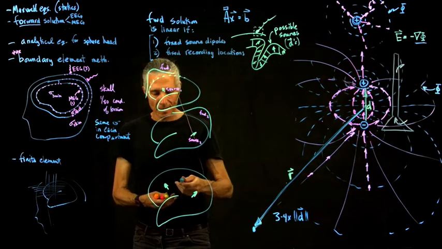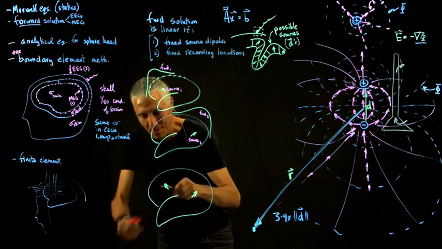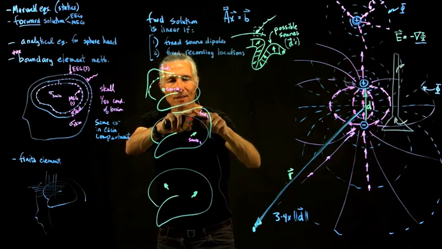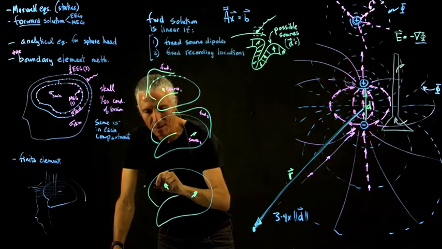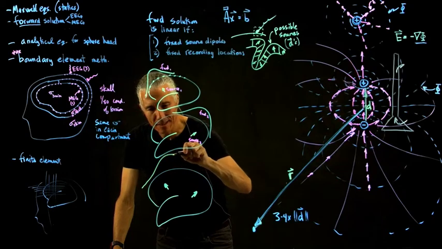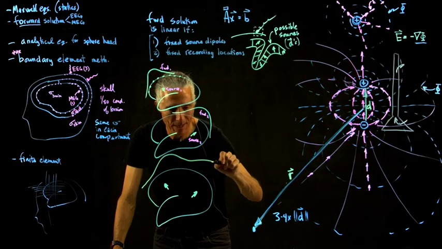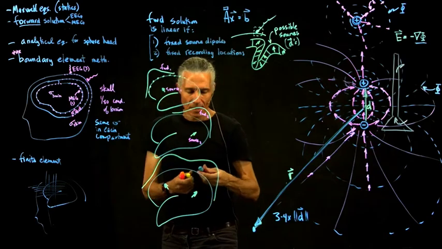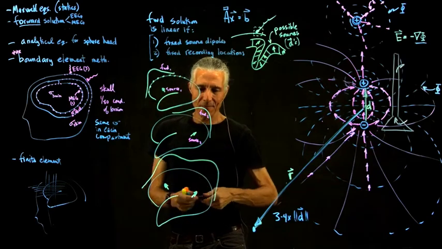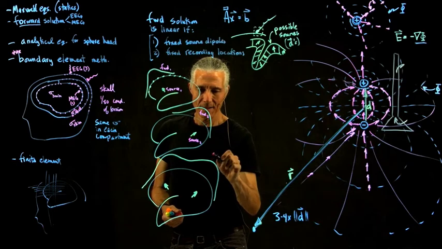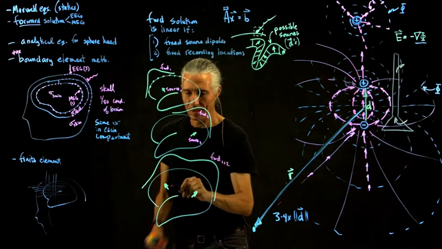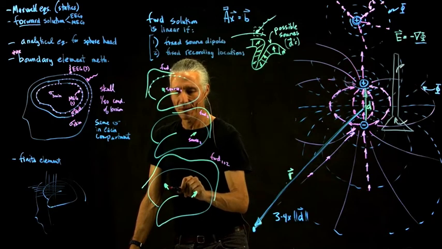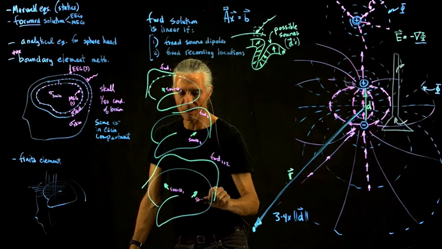All we have to do is take this forward solution and add it to that forward solution. We would get something like this, a little bit up in here, then it would go up again and go down like that. That's forward 1 plus 2, from source 1 and source 2. That means they don't interact with each other at all.